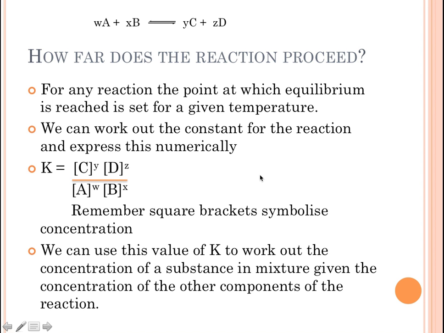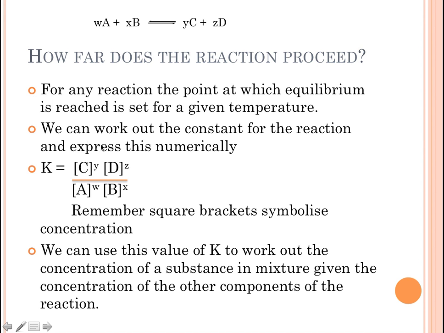How far it proceeds, that depends on something called K. Okay? Any reaction, we can define the point at which equilibrium is reached for a given temperature. And we can work it out numerically.